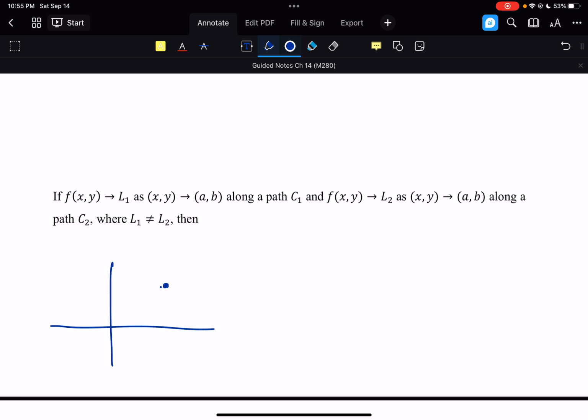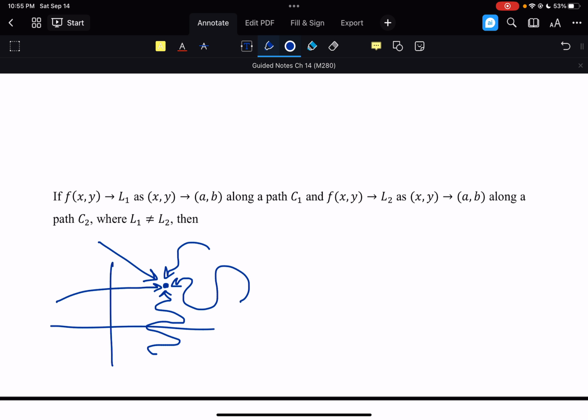So if we're trying to approach this value, we could come at it from this way. We could come at it from this way, from this way, from this way, and you get it, etc. But there are infinitely many different ways we can approach this point now, not just from left and right.